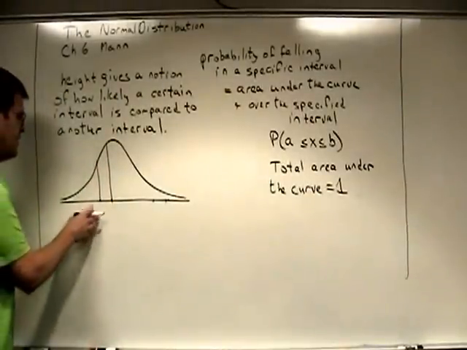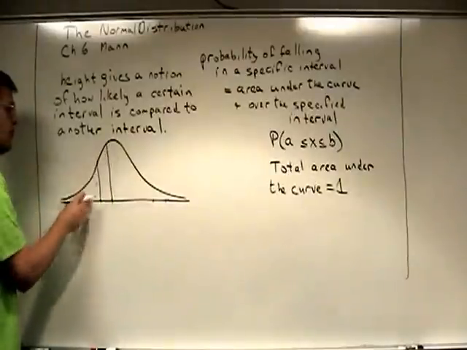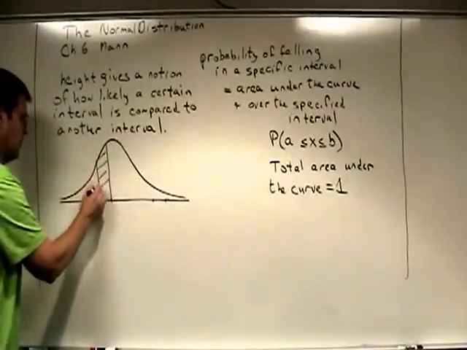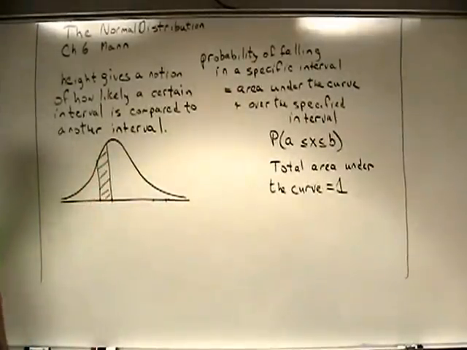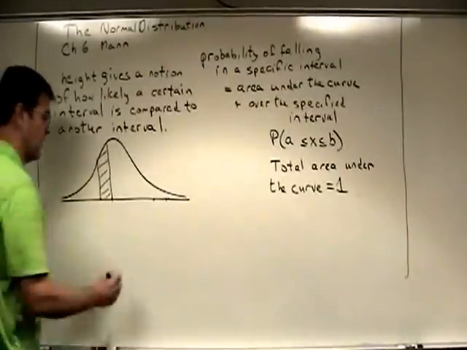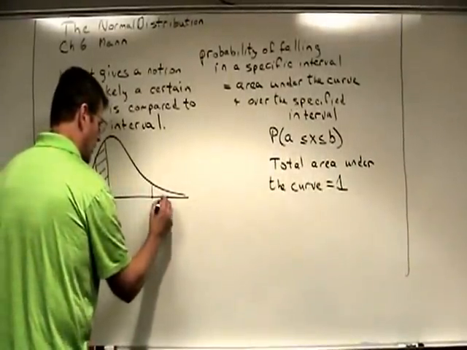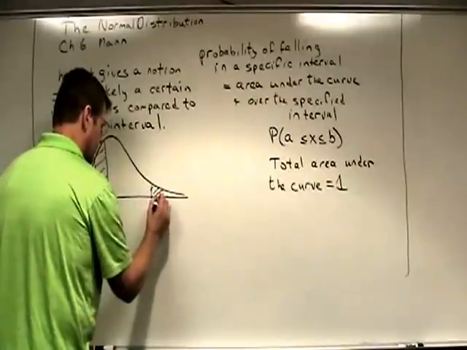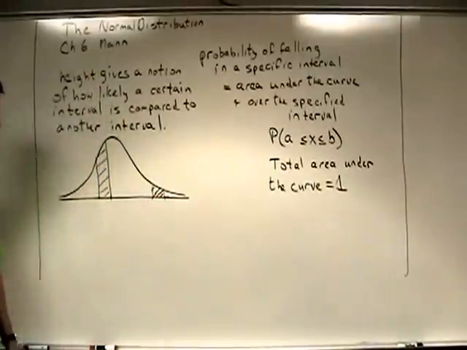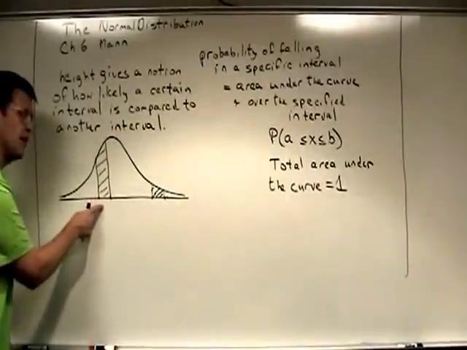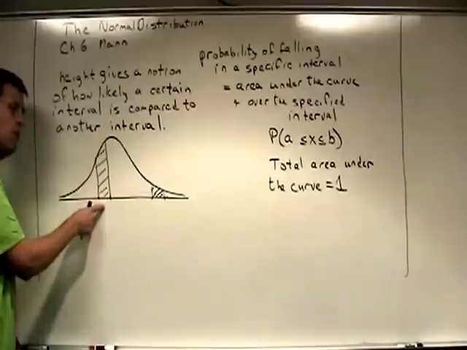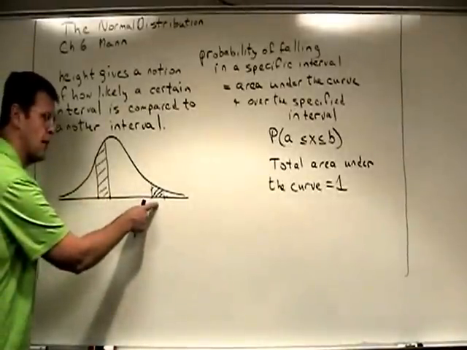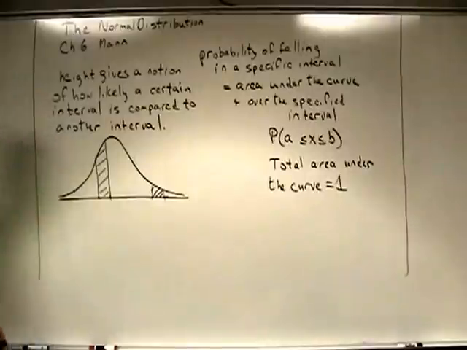The fact that this curve is so much higher here basically implies that we're going to have a lot more area in this region than we will right there. So that's telling us that the probability of falling somewhere in this interval is going to be much larger than the probability of falling somewhere in this interval.